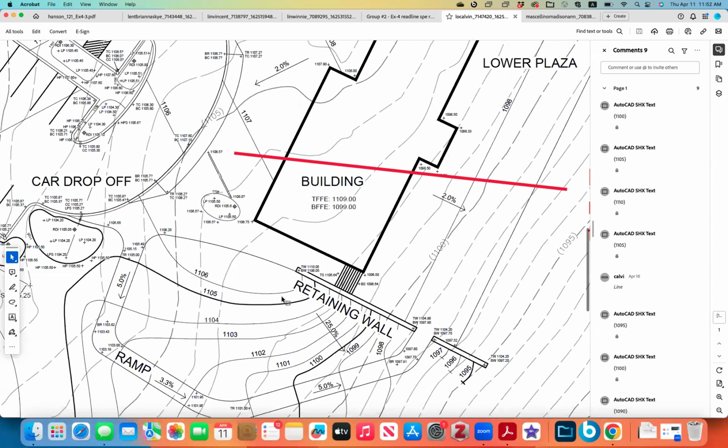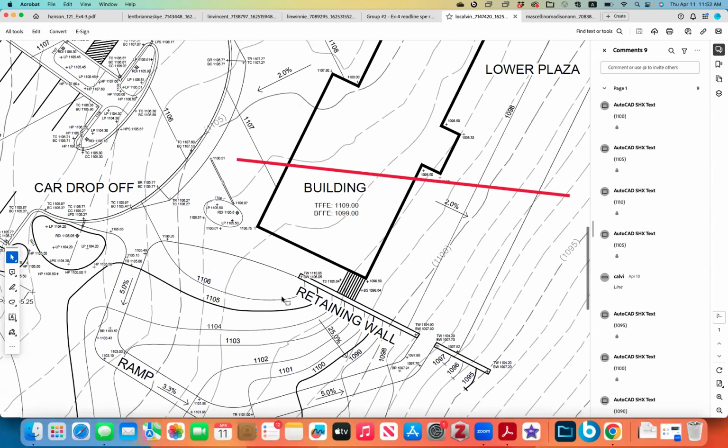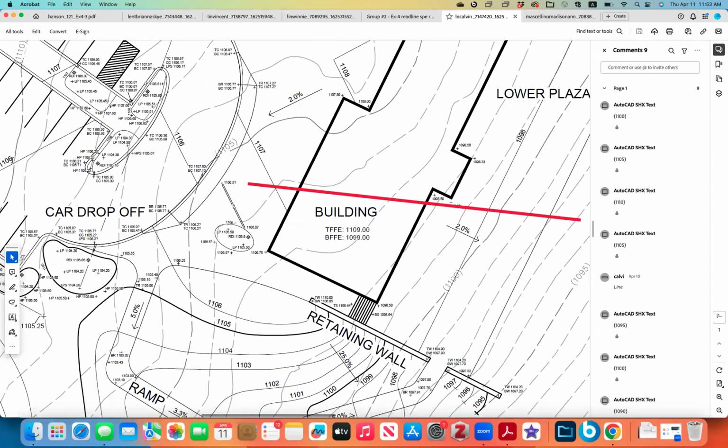Let's take a look at the bottom. Honestly, I wouldn't necessarily start the stair that late. Overall the space here is not very pleasant.